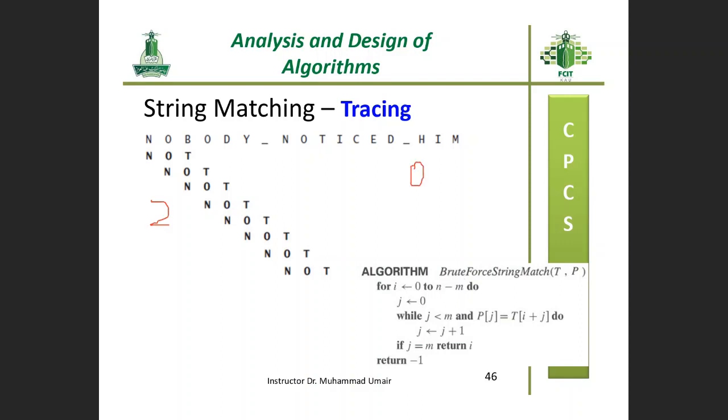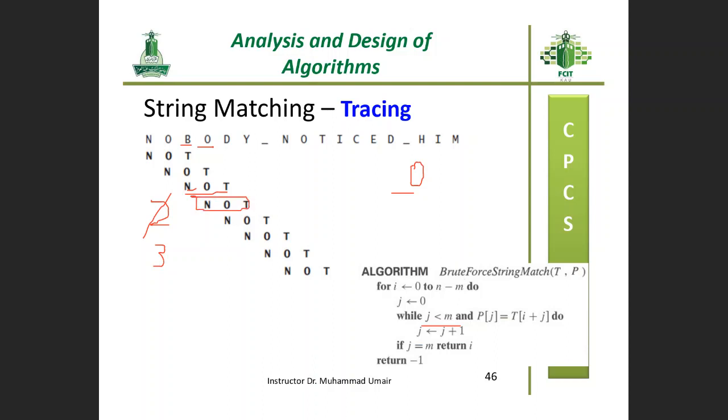So it means we have shifted the pattern 2 letters ahead. Again, j is less than m, the condition is true, N is compared with V. Again a mismatch, so j is not equal to m, j is 0, so i will be incremented to 3. Now we are moving 3 characters ahead.